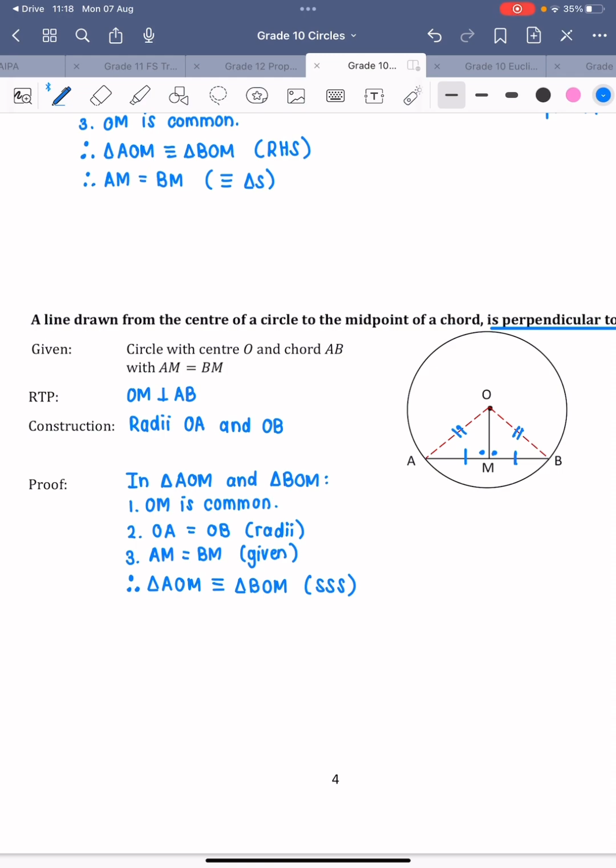So now we're going to say, therefore, so this one has just an extra step that the previous one doesn't have. We're going to say OMA is equal to OMB, sorry.